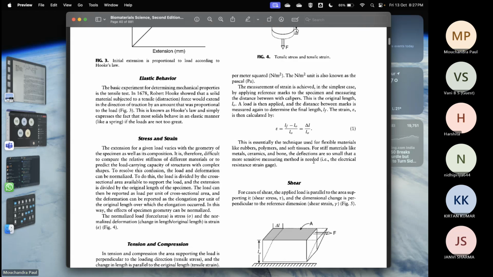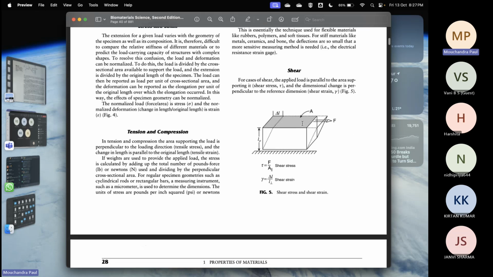Okay. So what is shear? Shear is when you give some tangential force on the material. So the bold or straight lines show the original shape.